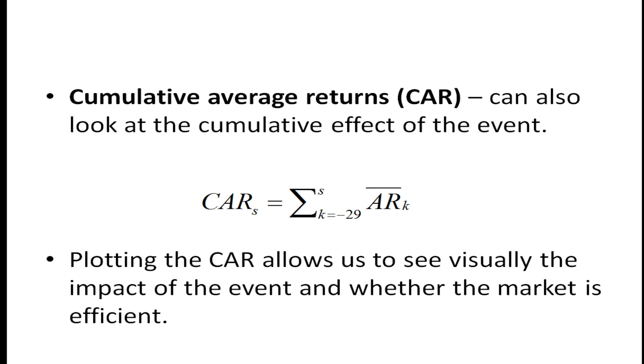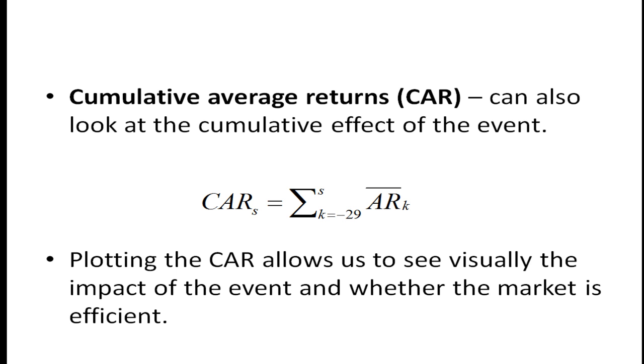Now, sometimes what we like to do is look at the cumulative average returns. This gives us an even nicer visual to look at the impact of the event and whether the market is efficient or not.